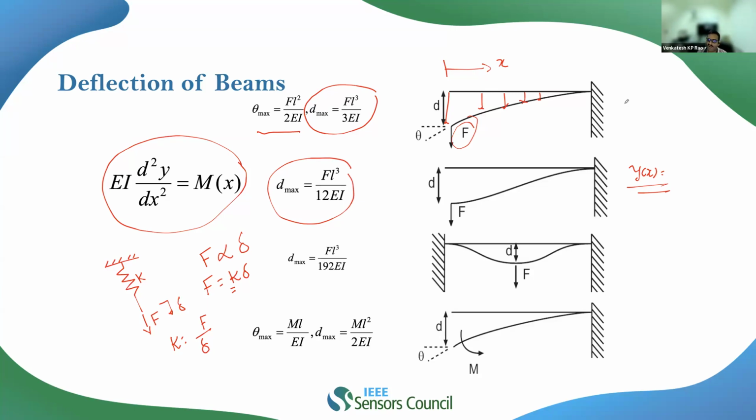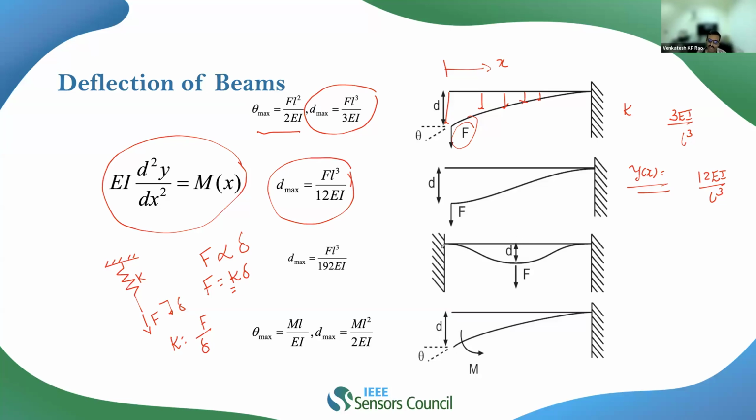From this, if I write the expression for the stiffness, we can see that it comes out to be 3EI over L cubed for the cantilever, which comes from force divided by deflection. On the other hand, if I write the stiffness for a guided cantilever, it comes out to be 12EI over L cubed.